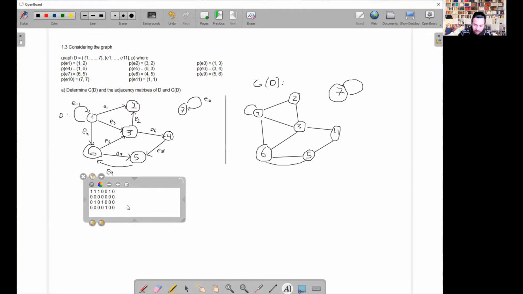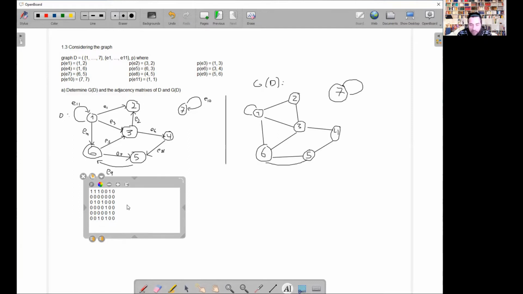We go to the fifth node, and we don't have any link to 1, to 2, to 3, to 4, to 5. We have 1 to 6, and 0 to 7. We pass to 6, to the sixth row, and we don't have link to 1, to 2, to 3. We have 1, to 4 we don't have, to 5 we have 1, to 6 we don't have, and to 7 we don't have.